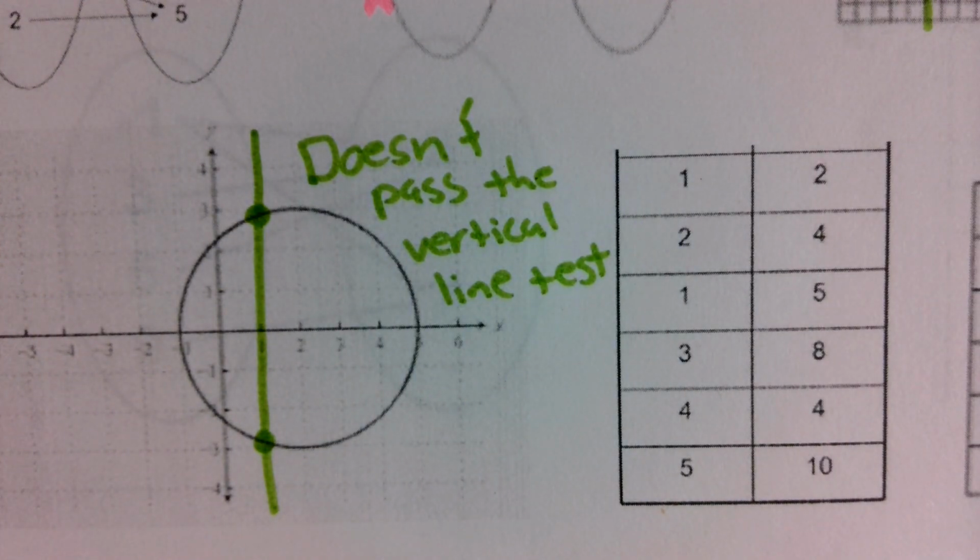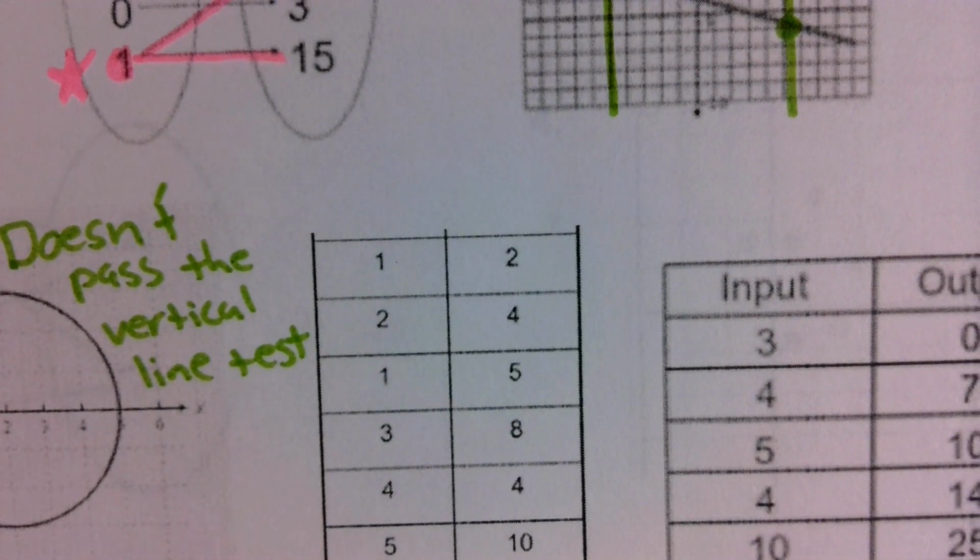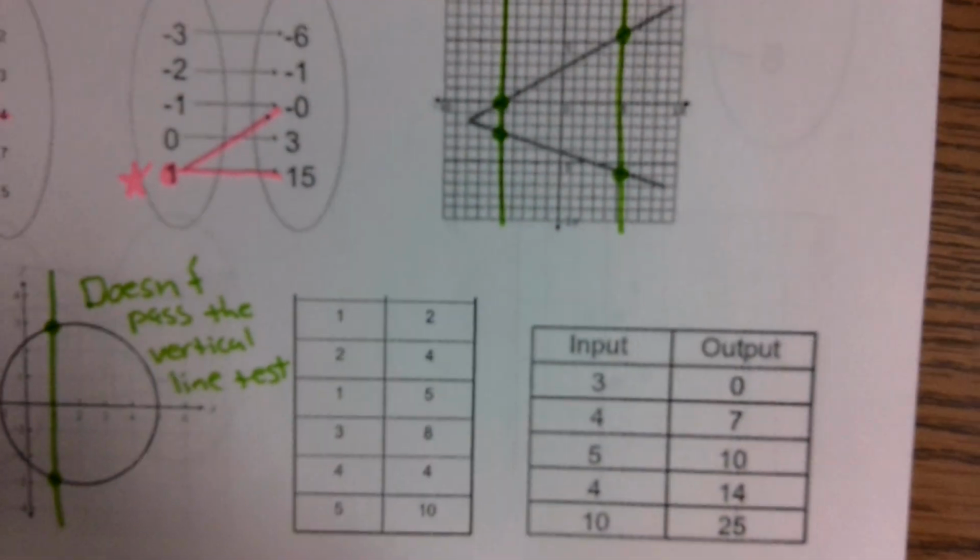So anytime that we're looking at a graph, it has to pass the vertical line test. If it doesn't pass the vertical line test, it is not considered to be a function. And like I said before, I'm going to draw another little graph off to the side.